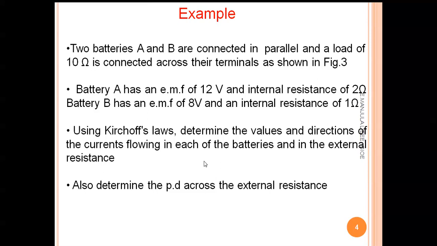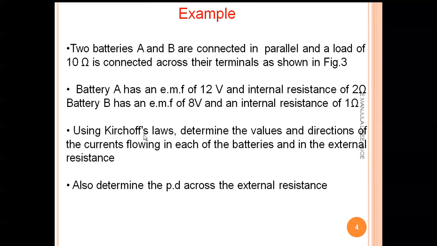The two batteries A and B are connected in parallel and a load of 10 ohms is connected across their terminal as shown in figure. The battery A has an EMF of 12 volts and internal resistance of 2 ohms, and the battery B has an EMF of 8 volts and an internal resistance of 1 ohm.